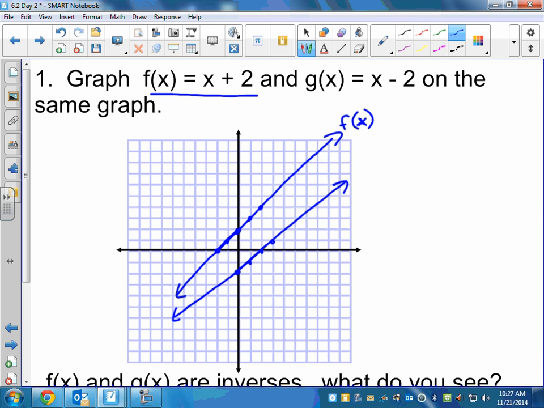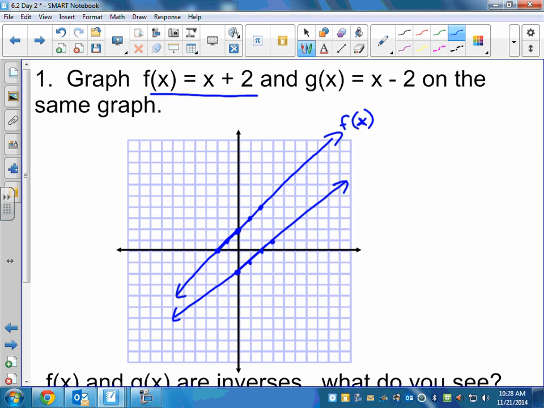That's a terrible graph. The perpendicular lines have opposite reciprocal slopes. But don't you agree if we plug one of those into the other one, it's going to give us x back? I graphed that right?